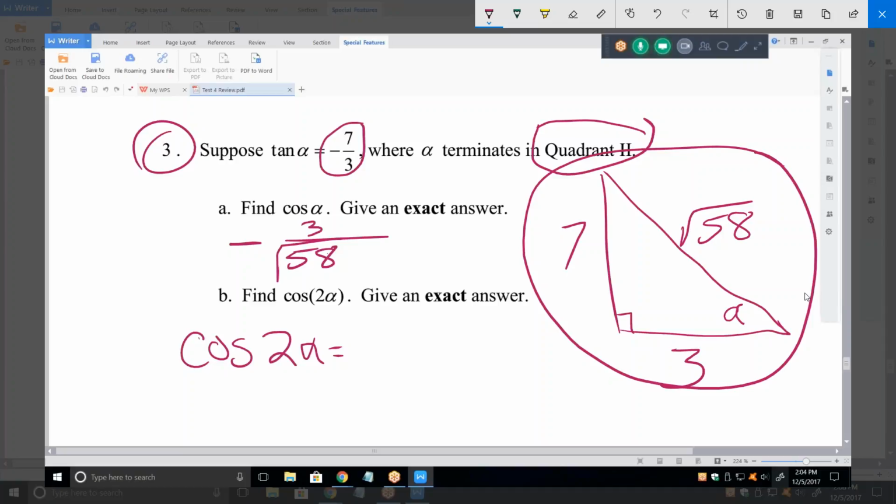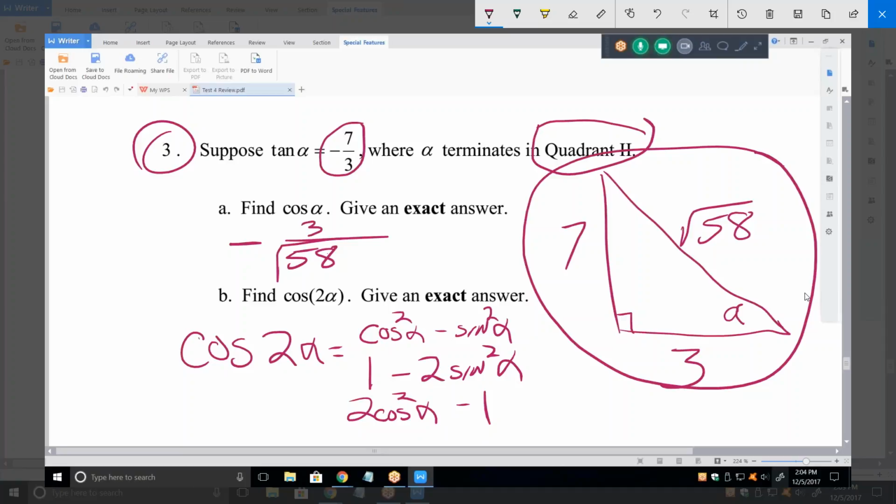Here's the 3. Cosine squared of alpha minus sine squared of alpha. Well, we could use that, but it's got 2 different trig functions. Let's pick the one that only has 1 trig function. That one. And here's the other one. All 3 of these identities have subtraction going on.